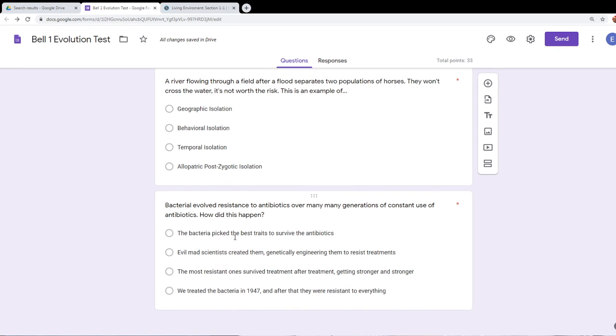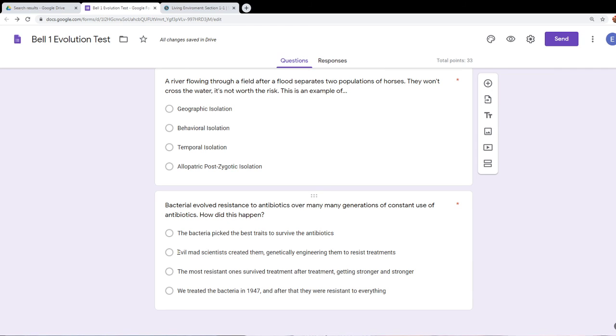Last question. Bacteria evolved resistance to antibiotics over many, many generations of constant use of antibiotics. How did this happen? We had a whole lesson about this. Was it that bacteria picked the best traits to survive the antibiotics?